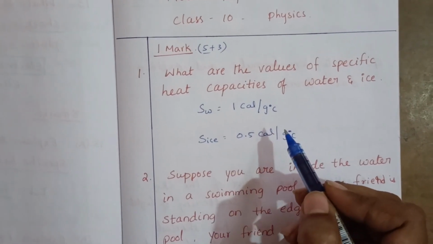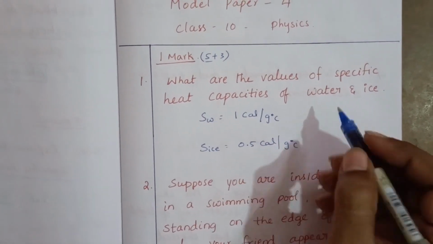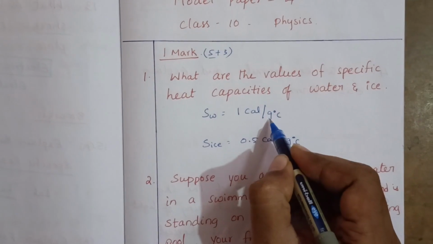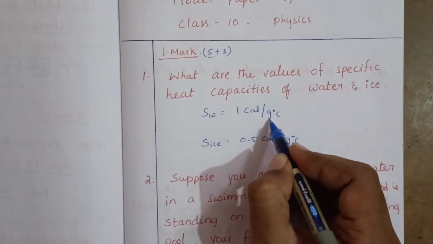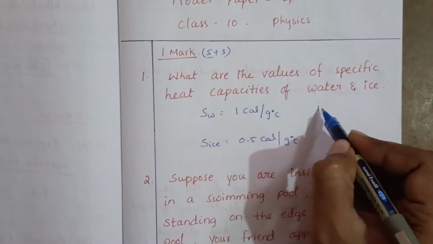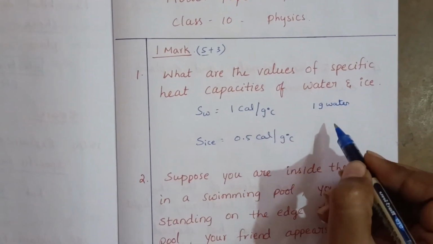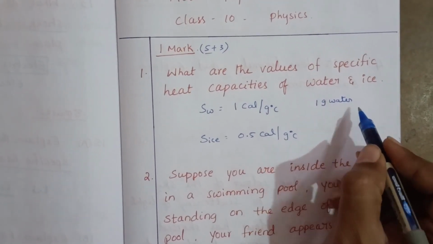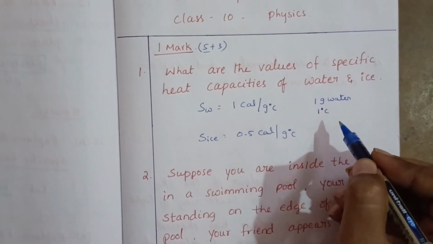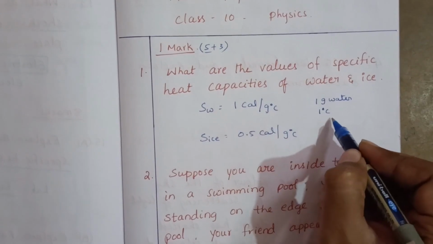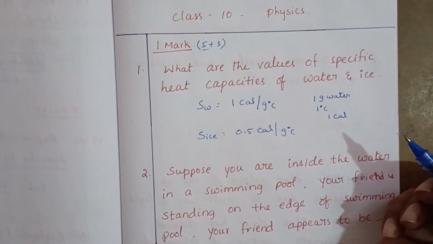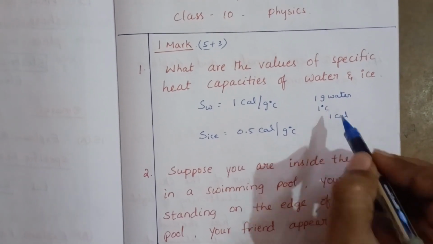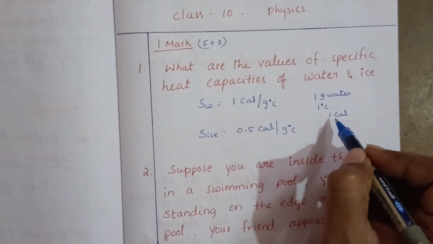To increase the temperature of 1 gram of water by 1 degree Celsius, we should give 1 calorie of heat energy.